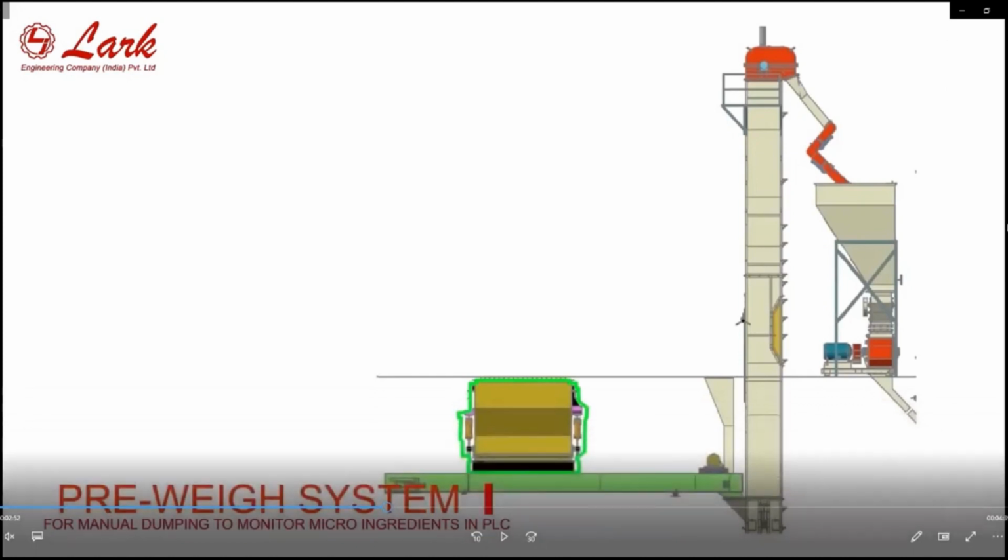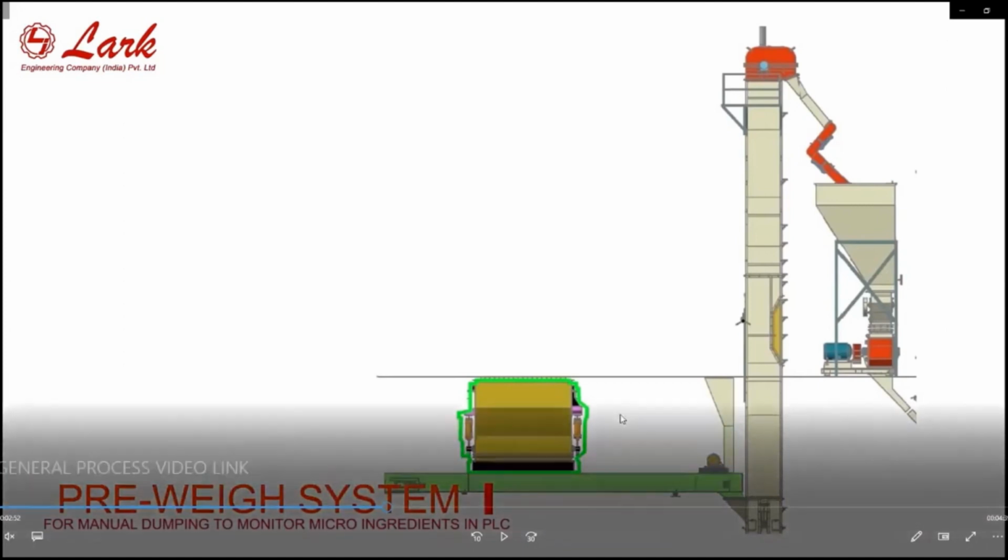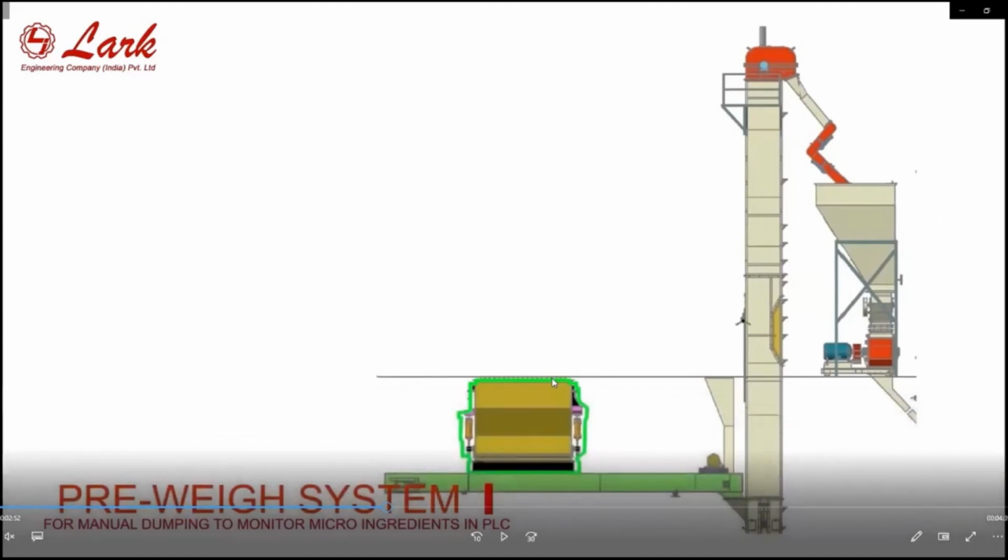To control the accuracy and to maintain the PLC report, even in manual dosing, we can put one extra hopper on load cells at the grinder elevator that can be synchronized with the previous weigh hoppers. All manual material can be monitored in the PLC report with accuracy.